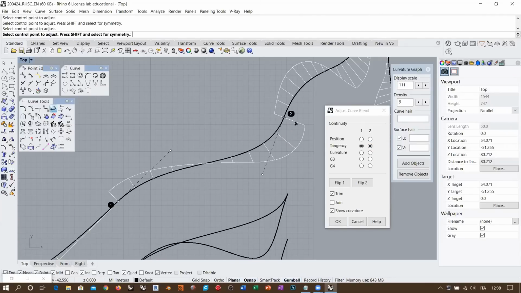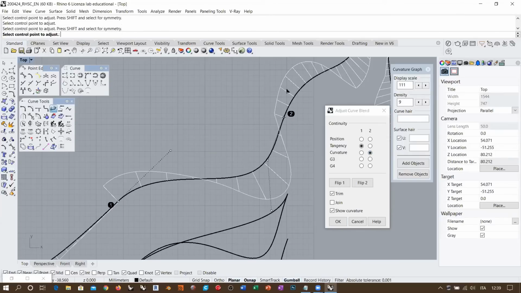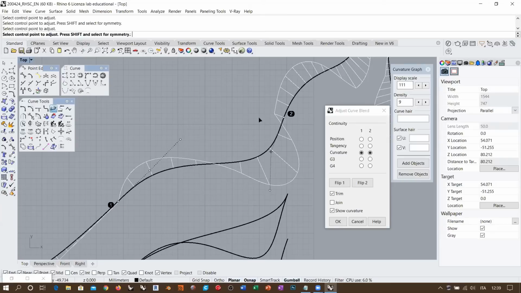Hairs become collinear, and you only have a jump in the value and sign of curvature. When you switch to curvature, for example curvature in 2, you see that the curvature graph becomes continuous. It flows like this, but it is continuous, right? While it is still discontinuous here. If I switch to curvature, I have a continuous curvature graph.